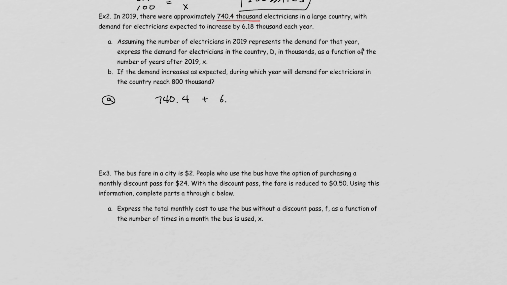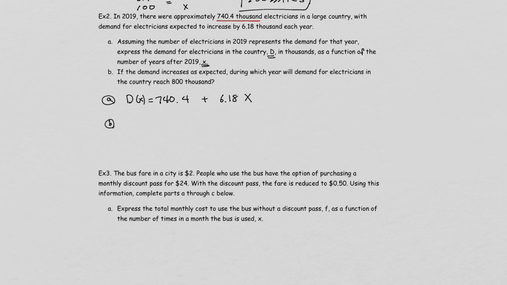So it will be 6.18 times the year. They want to use x, and that will be your function D of x. They want you to use the function D. So this is the equation for the given problem.